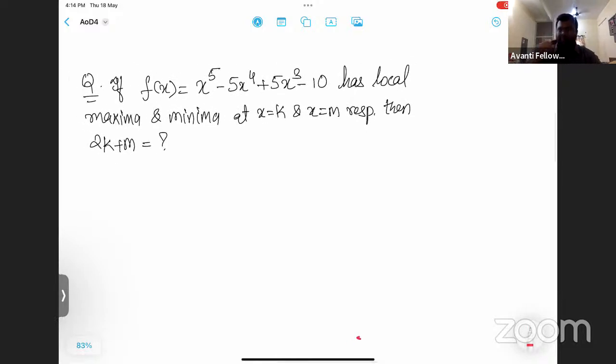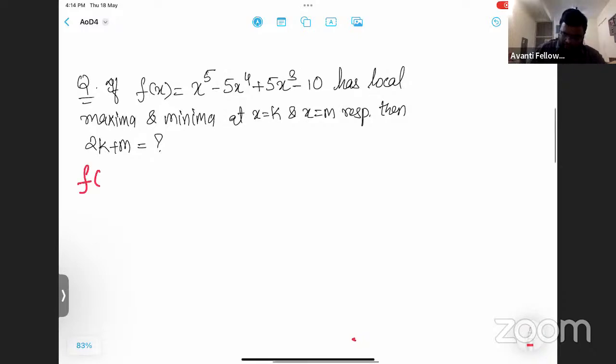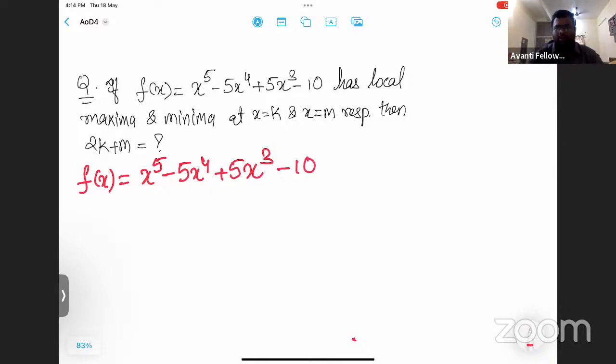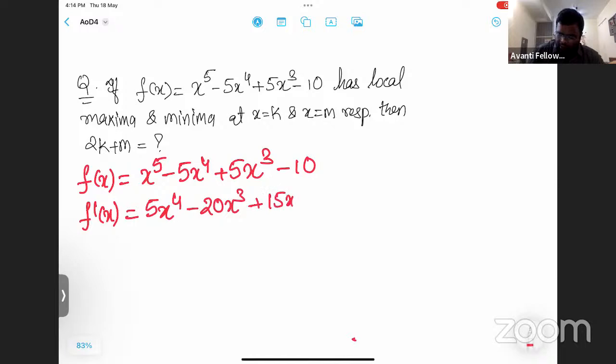Okay, fine. We are given the function f(x) is equal to x power 5 minus 5x power 4 plus 5x cube minus 10. What will be step 1? Differentiate. f dash x is equal to 5x power 4 minus 20x cube plus 15x square.